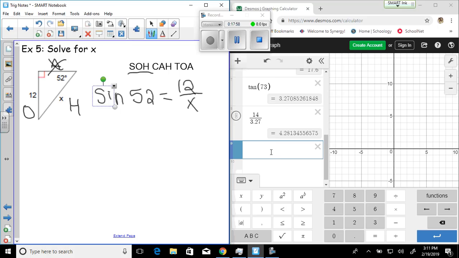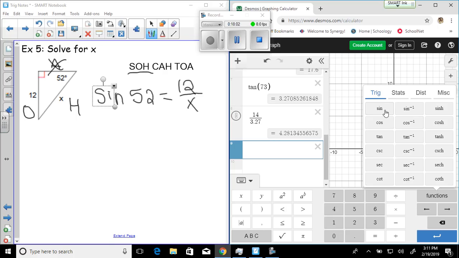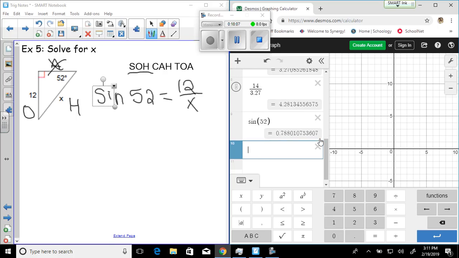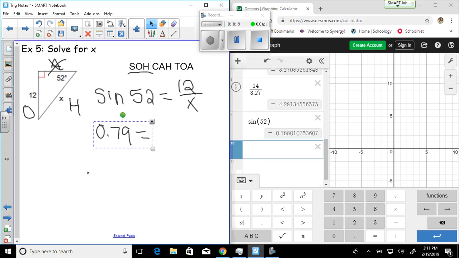Okay, so same thing. Let's go find the sine of 52. Let's use our calculator. So we got the sine of 52. And in this case, it's about 0.79. It's equal to 12 over x.